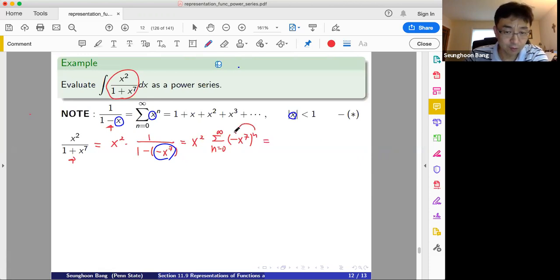Distribute power n to the minus 1 and x to the 7, times x squared, summation n equal 0 to infinity. So we have minus 1 to power n x to the power 7n. The next, x squared is going inside, only add exponent: 7n plus 2. So we have summation n equal 0 to infinity, minus 1 to power n, x to the 7n plus 2.